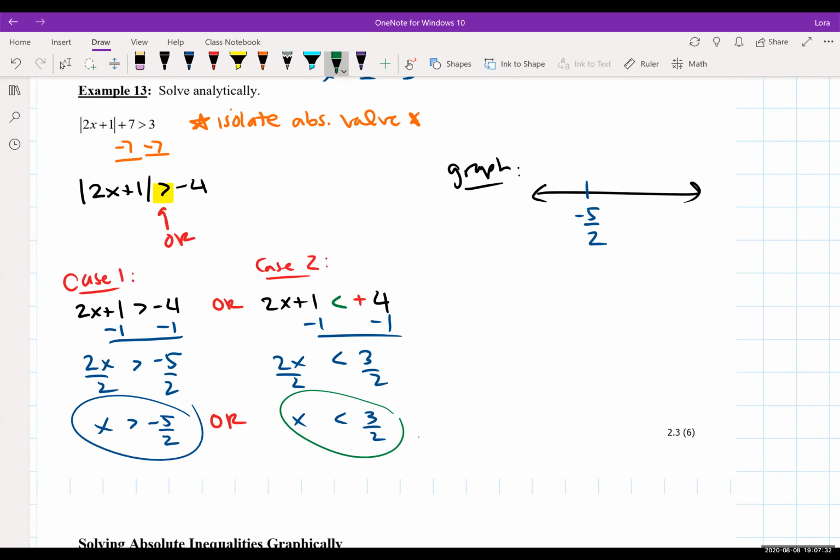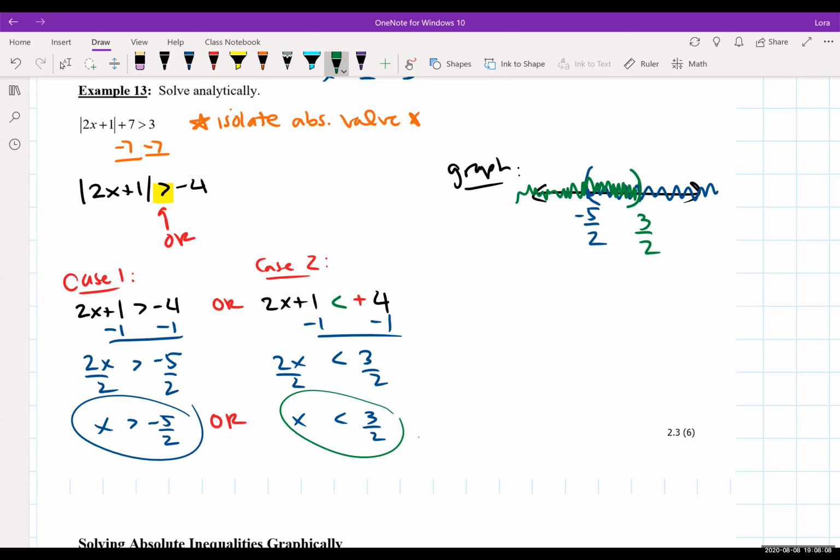That's the first thing I always want to make sure of with these boundary points. Greater than negative 5 halves means we are shading to the right and we have a parenthesis opening up. And if we're going to graph x is less than 3 halves, we are shading to the left of 3 halves and we have a parenthesis opening up to the left, wherever we've shaded.